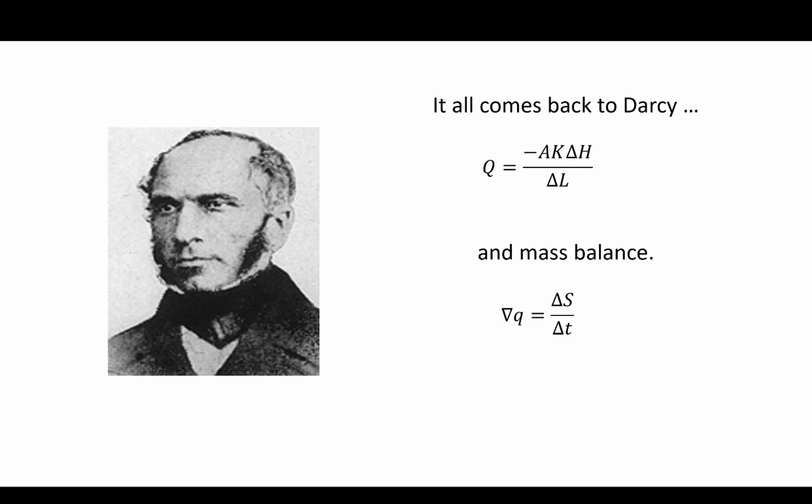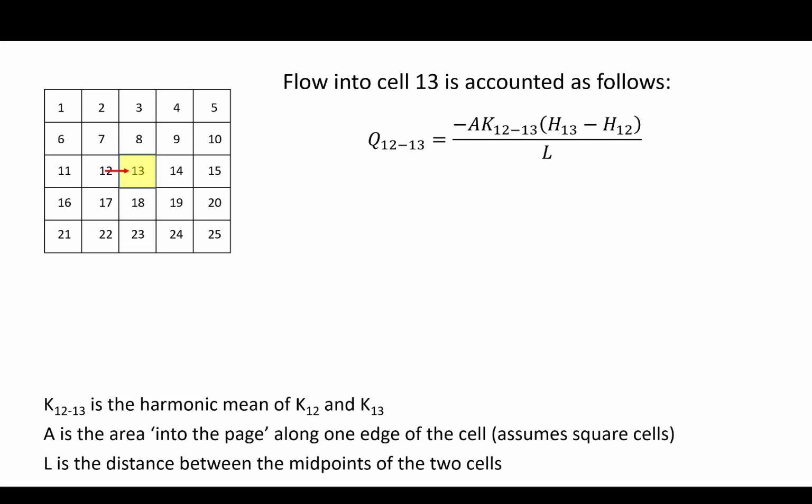As is usually the case with subsurface hydrology, it goes back to Darcy. So we're going to use this form of Darcy's equation and put it in a mass balance context. There's flow from cell 12 to 13. It might be positive or negative depending upon the direction.